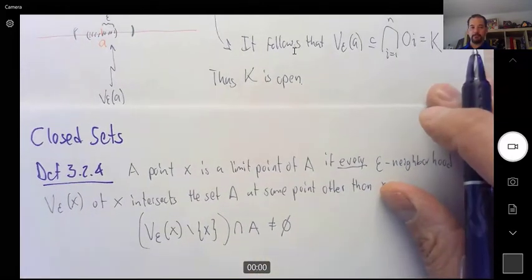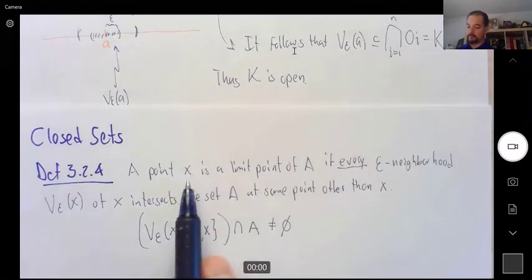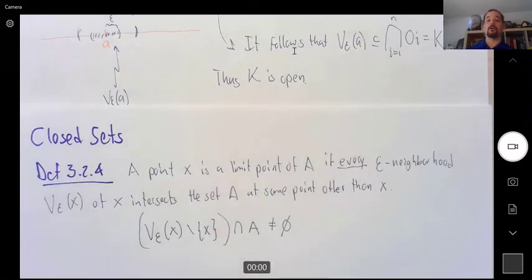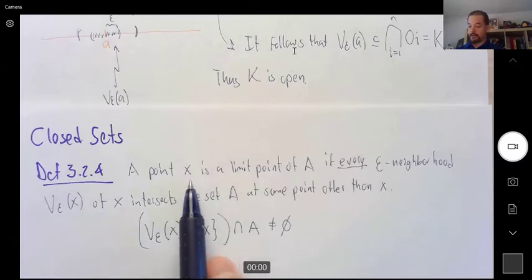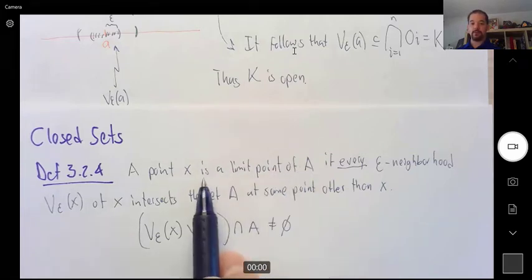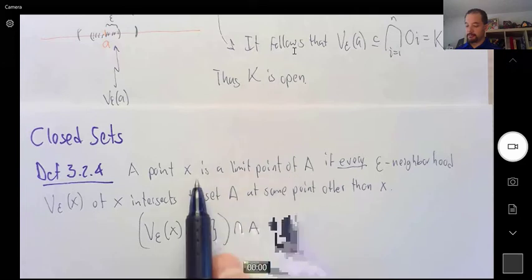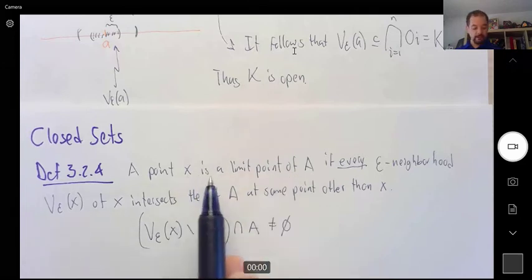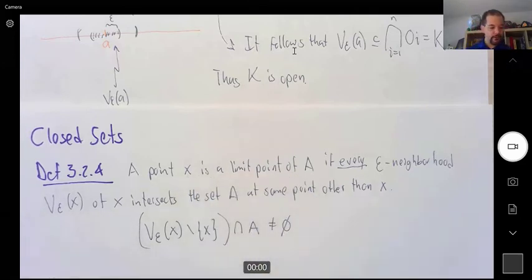Now, an important point in this definition is that the point X may or may not be in A. This is important. We're not saying that X has to be in A. So we can talk about limit points of a set, even if the points are not in the set. We'll provide some examples shortly, and maybe this will clarify.